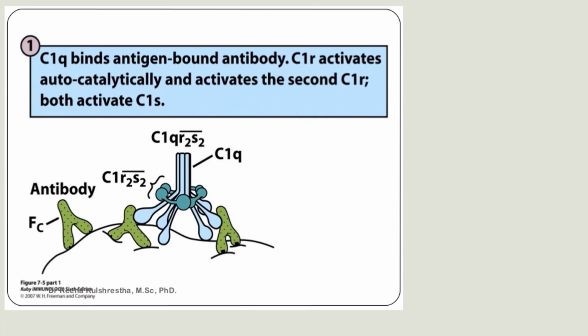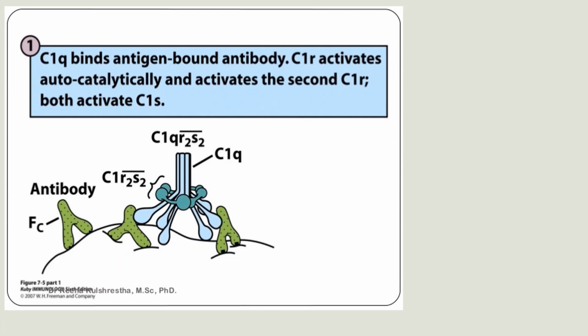I told you that the globular domain of C1q will bind with the Fc portion of antibody. The formation of the antigen-antibody complex induces conformational changes in the Fc portion of the IgM molecule that expose a binding site for the C1 component of the complement system.